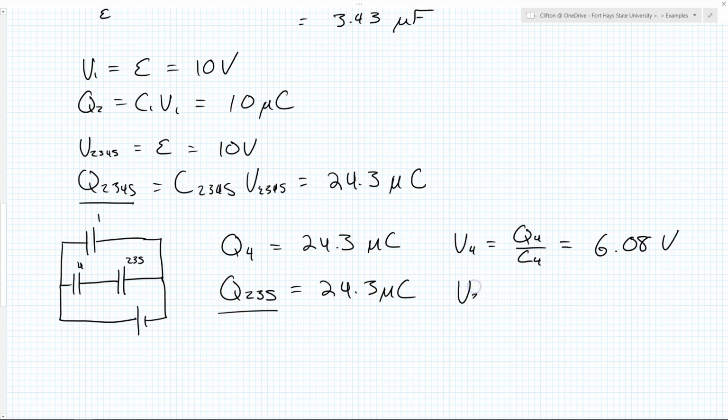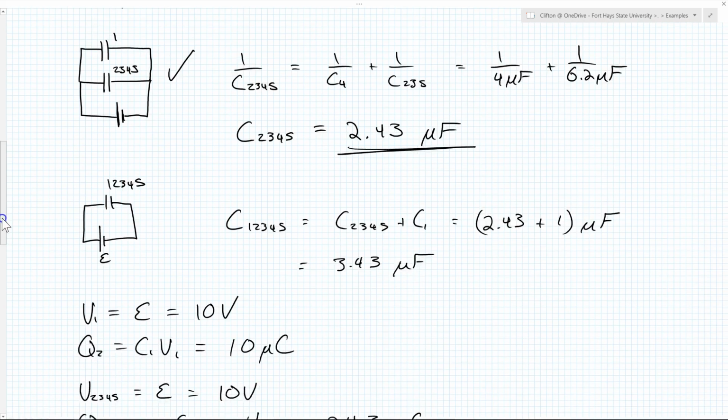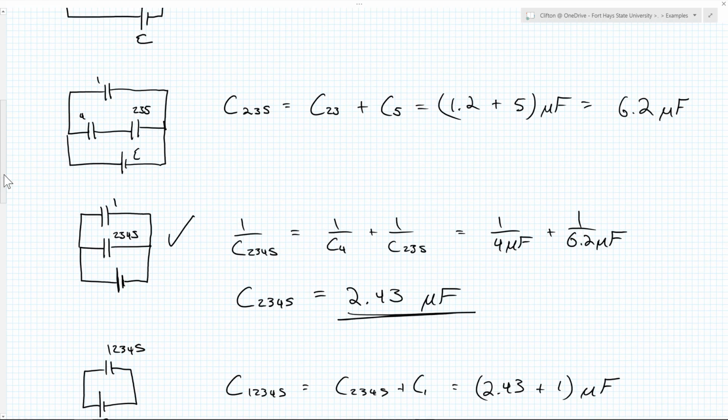So the voltage 235 is going to be equal to the charge divided by its capacitance. So that's the 24.3 microcoulombs divided by the effective capacitance for 2, 3, and 5. I need to go back up and find that effective capacitance. Here it is, C235.